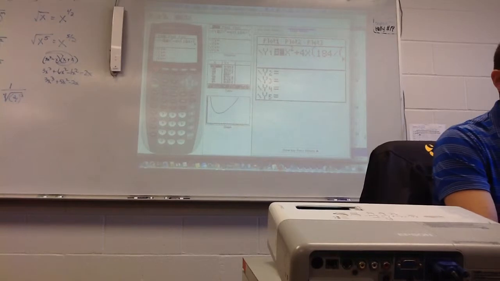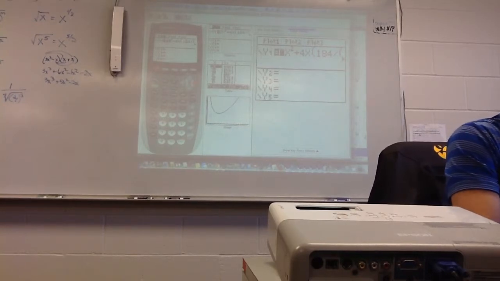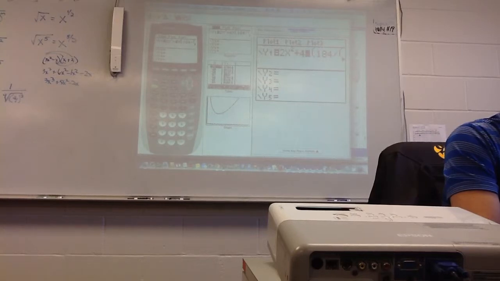Go to y equals, type in your equation, 2x squared plus 4x, and then 184 over x squared. Little FYI, you will probably want to put the x squared in its own set of parentheses, because if you don't, it'll take 184, divide it by x, and then square it.